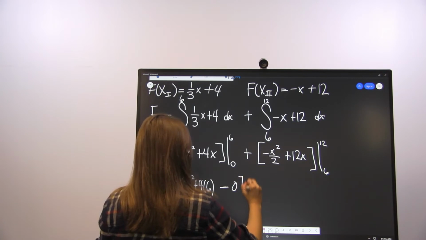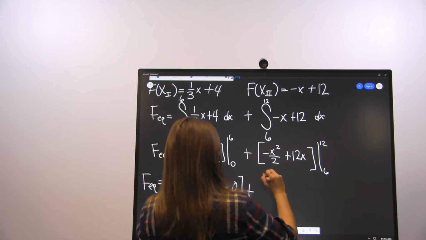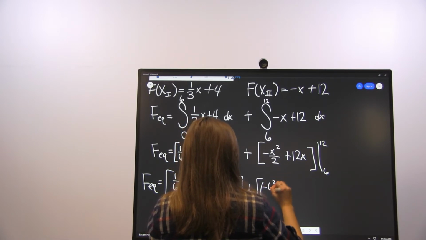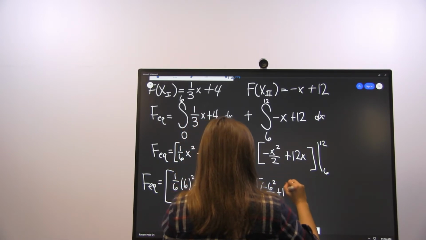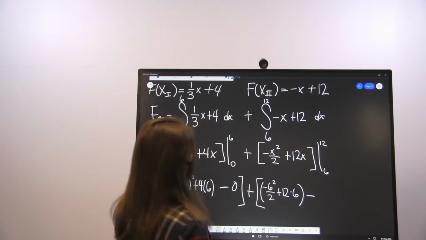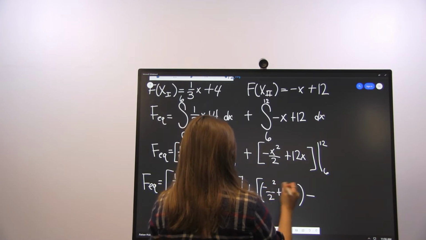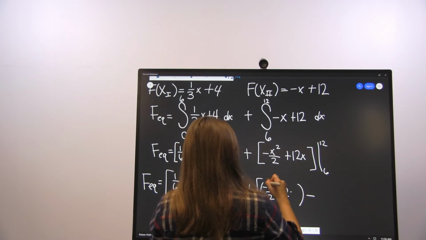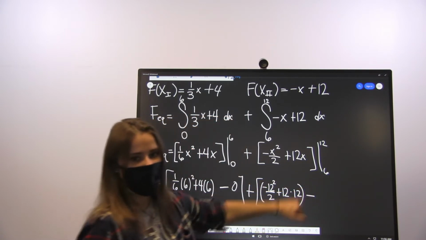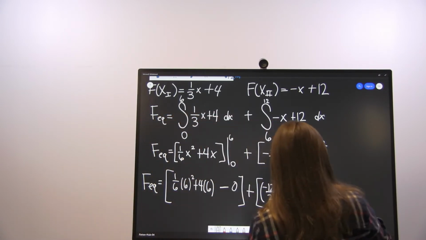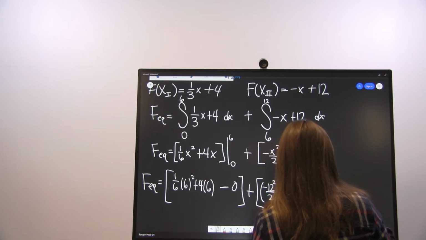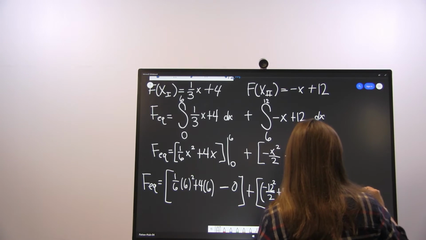So minus 0 plus negative 6 squared over 2 plus 12 times 6. Oh, sorry, this is not 6, this is 12 right here. 12 squared, 12 times 12. Then we're going to do the 6. So minus negative 6 squared over 2 plus 12 times 6.